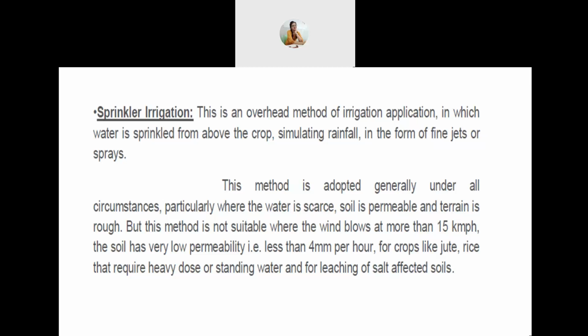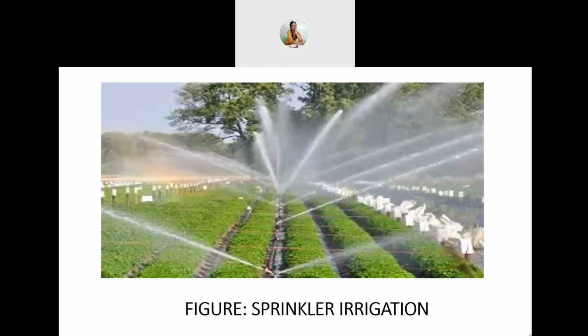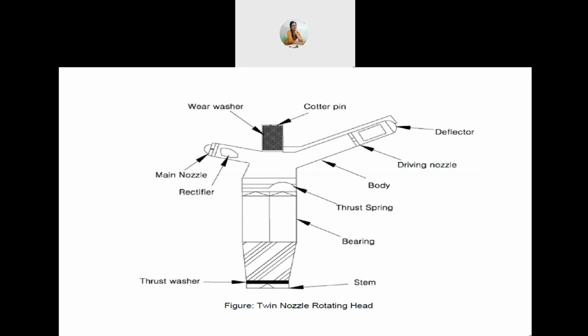But this method is not suitable where the wind blows at more than 15 km per hour, or the soil has very low permeability. This is a figure of sprinkler irrigation. This figure shows a twin nozzle rotating head.